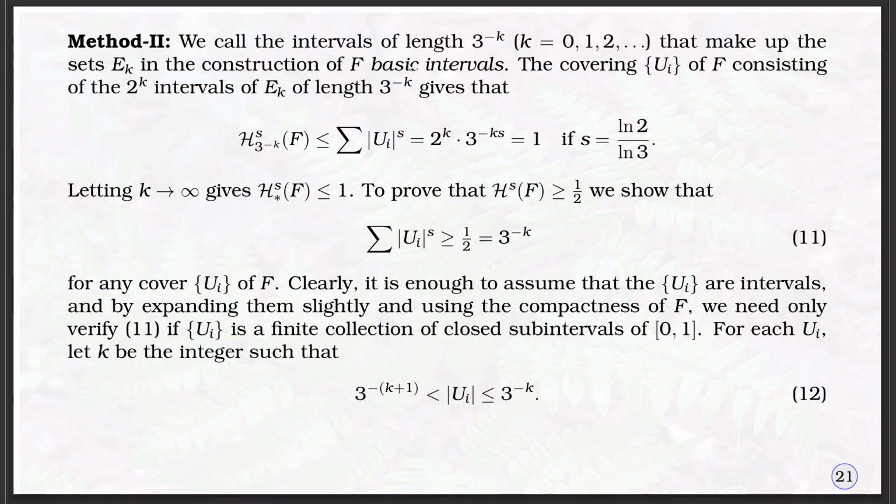Now we will go with the second argument, the covering argument. We call the intervals of length 3^(-k) that make up the set E_k in the construction of F basic intervals.